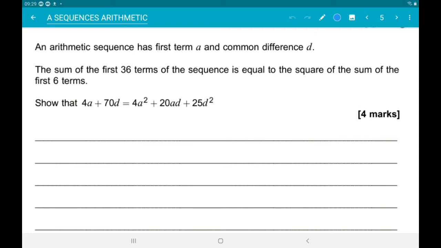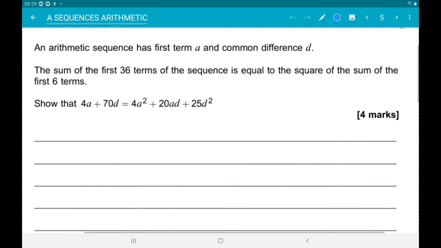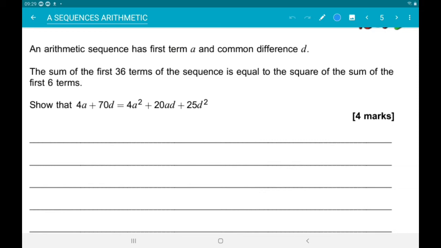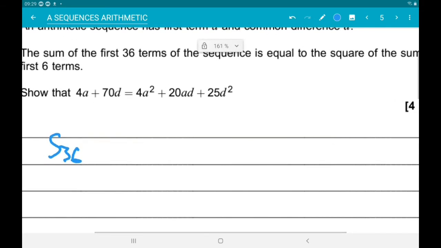Good times. Alright, so we're going to find both of these sums and then use what we are told about them. So the sum to 36 is going to be 36 over 2, so 18, times 2a add 35d.